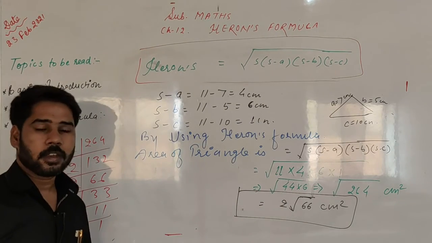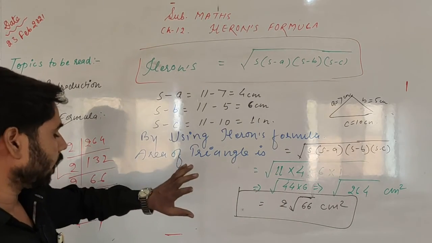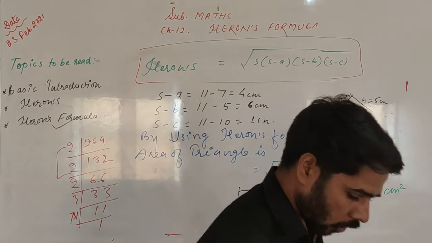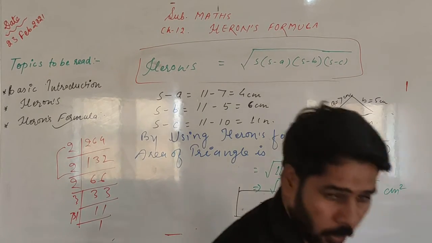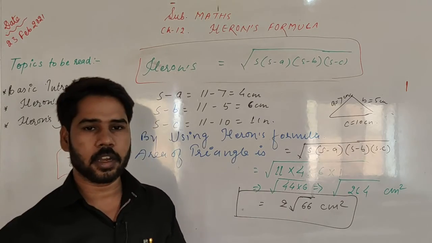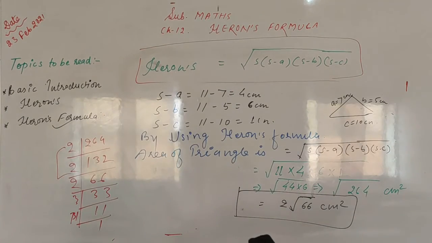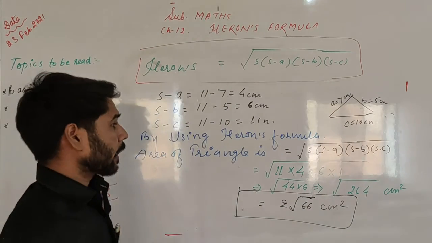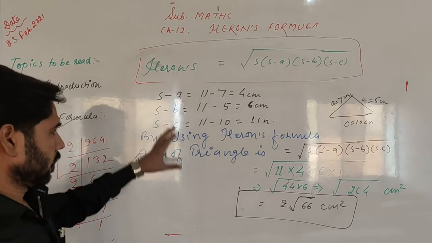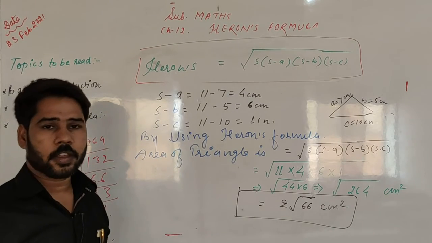In this way, by using this formula, we can find the areas in different problems based on isosceles triangles and scalene triangles. Many problems can be based on this Heron's formula.